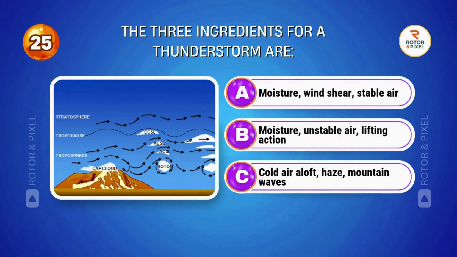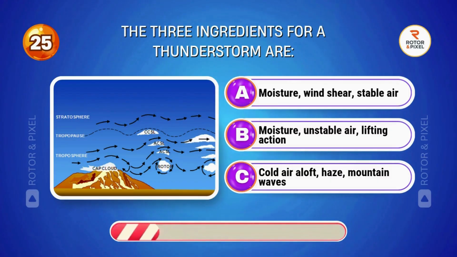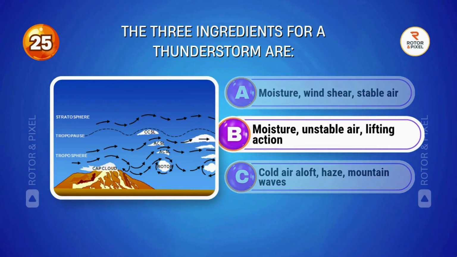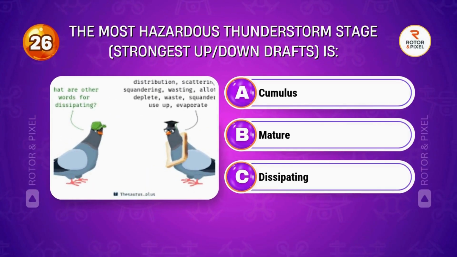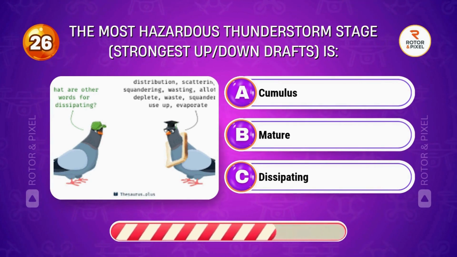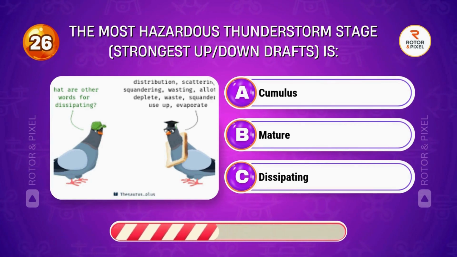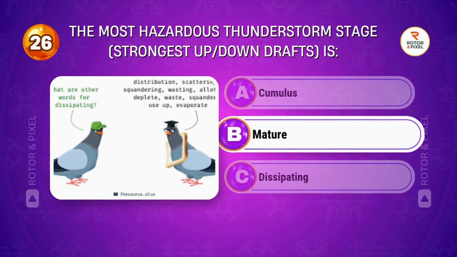The three ingredients for a thunderstorm are... Answer B, moisture, unstable air, lifting action. The most hazardous thunderstorm stage, with the strongest up and down drafts, is... Answer B, mature.